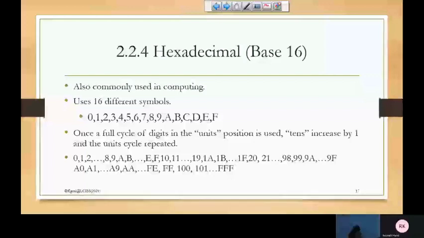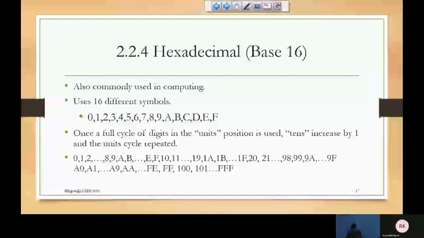Anyway, we are using base 16 as well. Base 16 uses 16 different numerals. So in this case, we now borrow the first 6 letters of the English alphabet to represent the remaining 6 digits, because notice that we only have 10 symbols for numbers in Arabic digits.